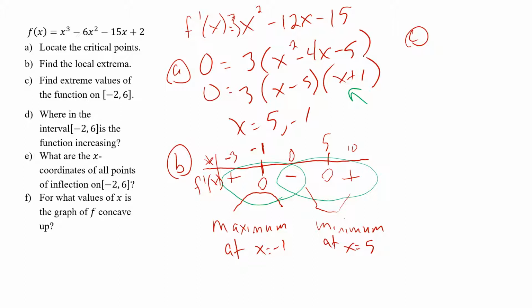So for the extreme values, that's just like what is going to be the biggest thing on the interval, what's the smallest thing on the interval. It's either going to happen at one of these values or at the endpoint. So we just need to plug those into the function itself. So we're going to have f of -2, because -2 is an endpoint.